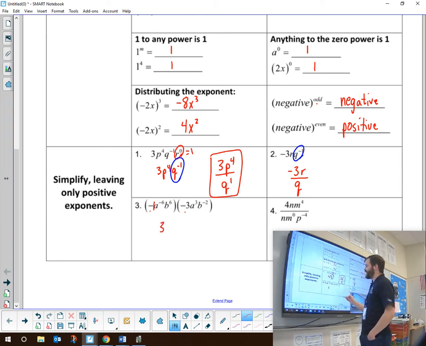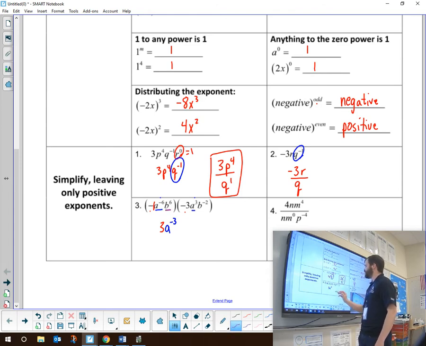Then we're going to multiply my a's together. You have a to the negative 6 times a to the 3rd. Remember what happens when we multiply variables of the same type together: we add their exponents. So negative 6 plus 3 is negative 3, and this is going to be a to the negative 3.